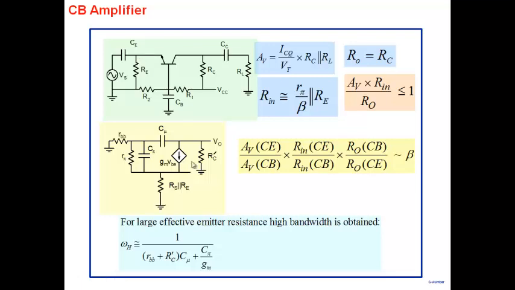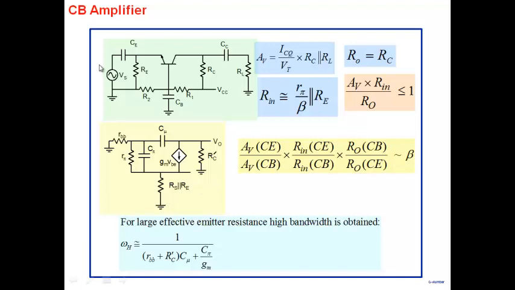But what we had seen was that you get high bandwidth only when you drive your common base amplifier through a large source resistance, resulting in an effective large emitter resistance. Whenever the effective emitter resistance is large, you end up with a high bandwidth.